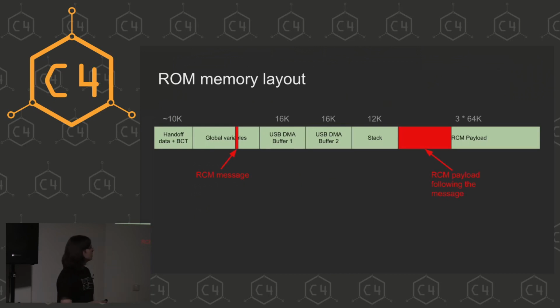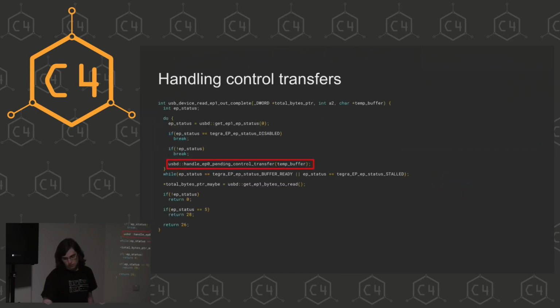And while it's filling that and waiting for it to be full, it's using this buffer to potentially receive and answer control requests at the same time while waiting for the hardware to fill up the buffer. And then when it's done, it's going to switch roles and they're used vice versa. Yeah, so this is important. This does this all the time.